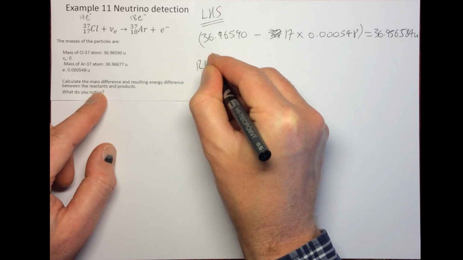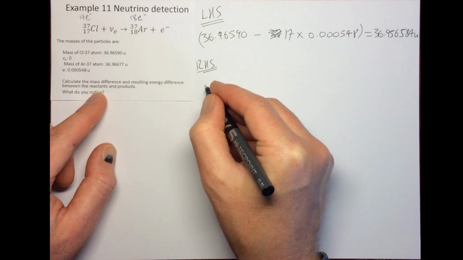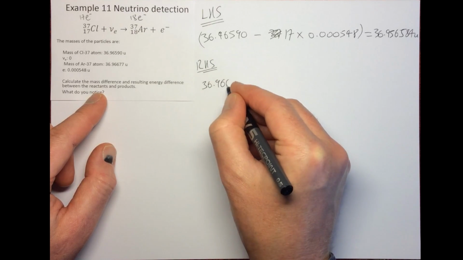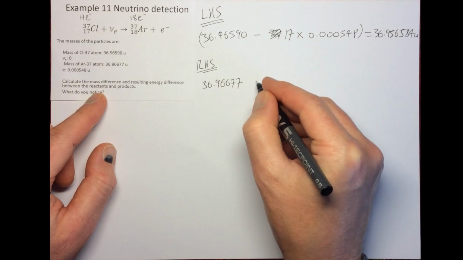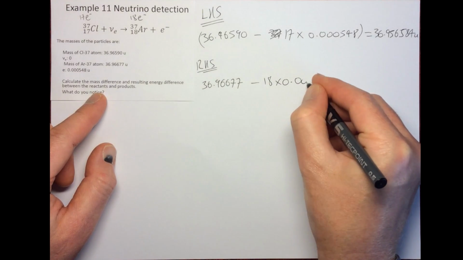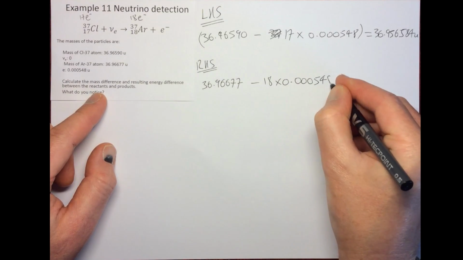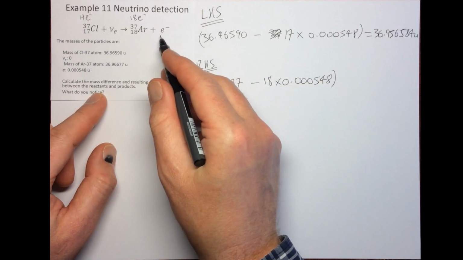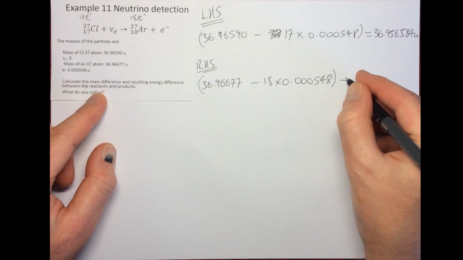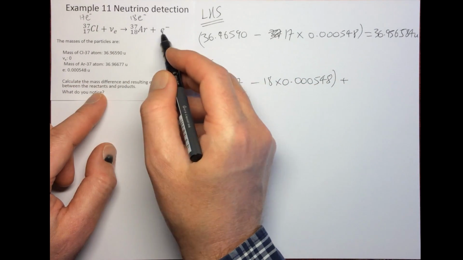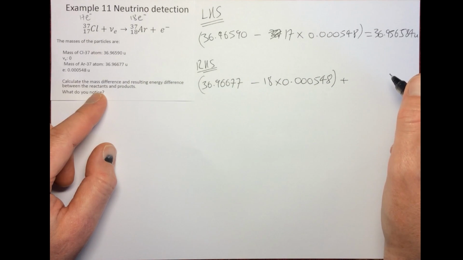Now on the right-hand side, the mass of the argon atom is 36.96677, but we need to take away 18 electron masses from that to get the mass of the argon nucleus. But also on the right-hand side we need to add on the electron mass, which is, remember, the electron produced by a neutron changing into a proton and an electron.